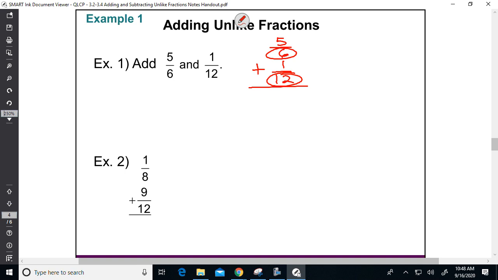Is there anything times 6 that will give you 12? 2. So, we're going to multiply the top fraction by 2. If we multiply the bottom fraction, you're going to make that 24. So that doesn't help you.